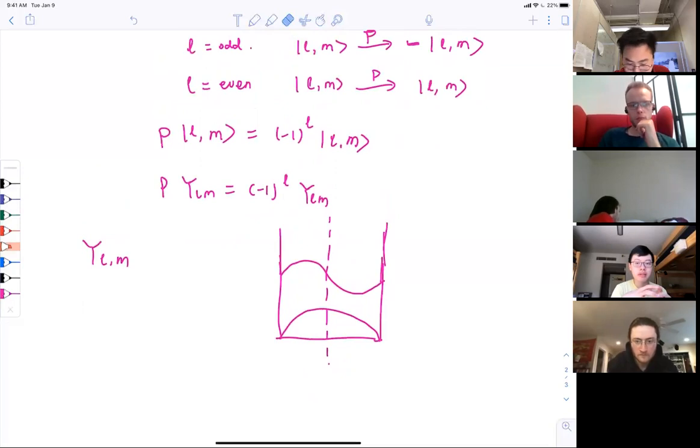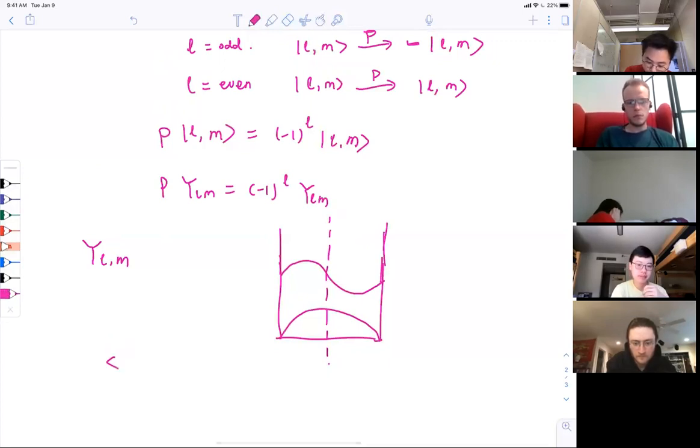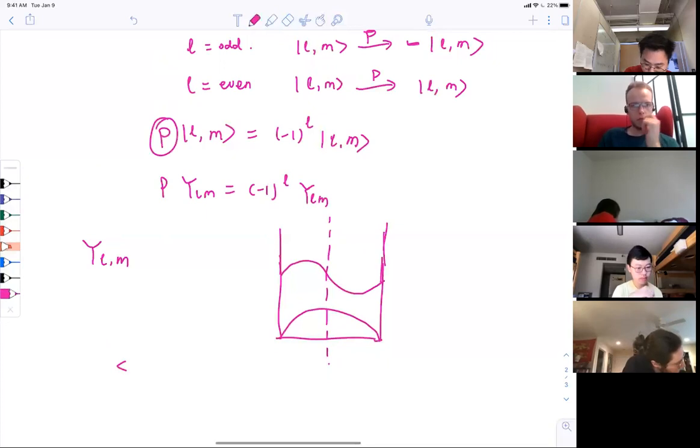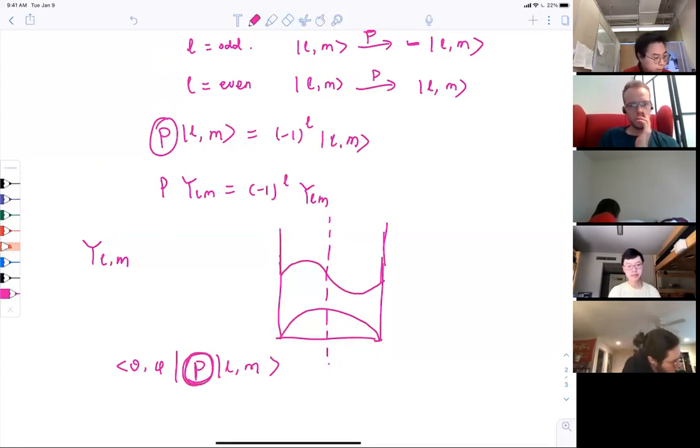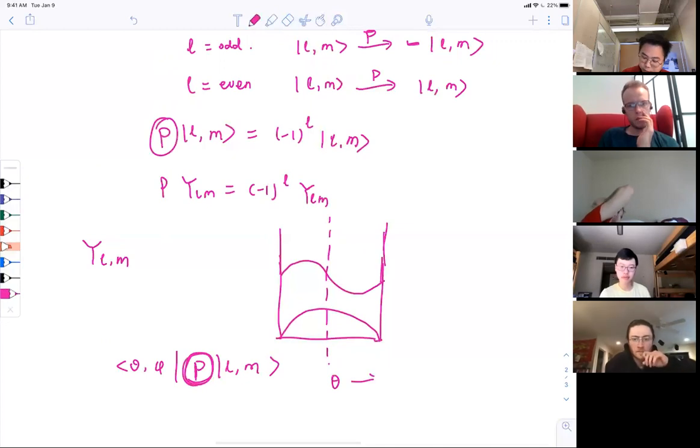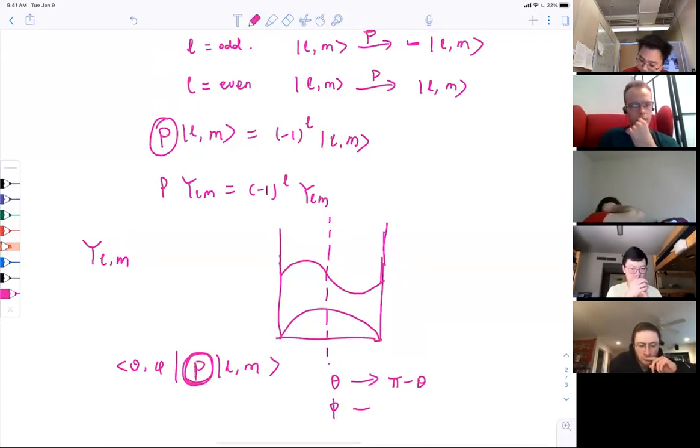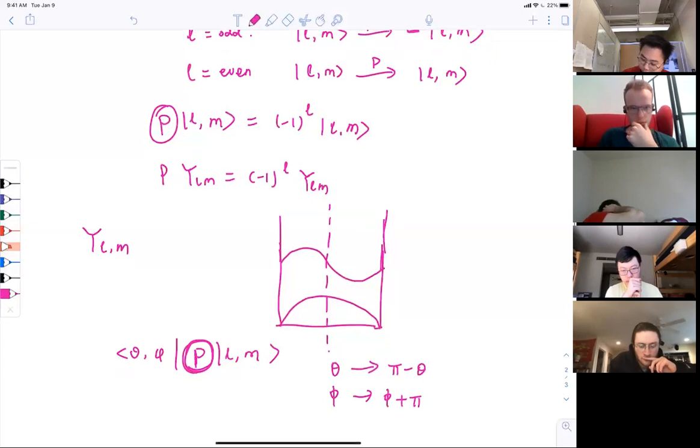I don't think so, because eventually, this kind of operation, let's see. So remember, this is a parity operation. This is equivalent to sending theta to pi minus theta, and phi to phi plus pi.